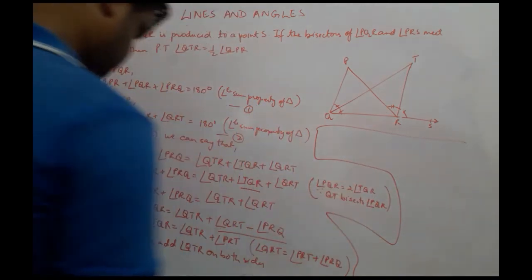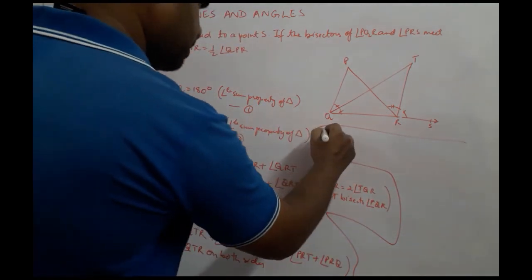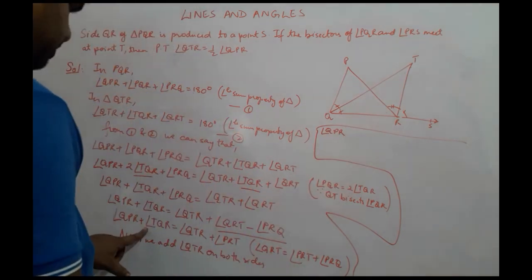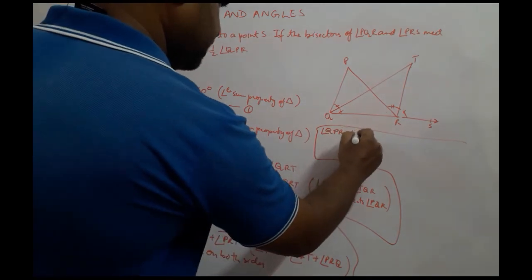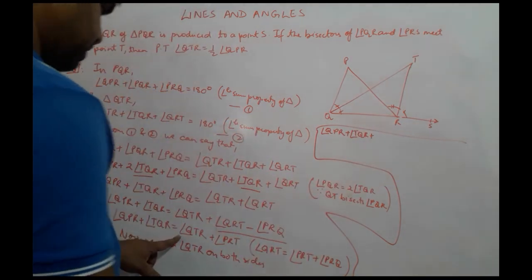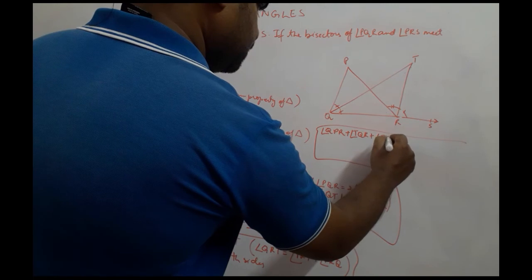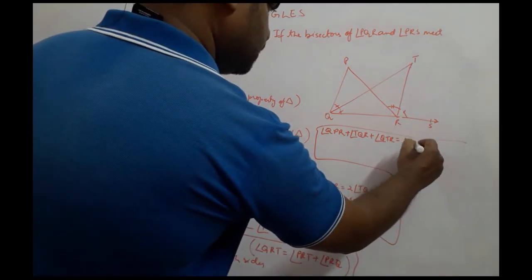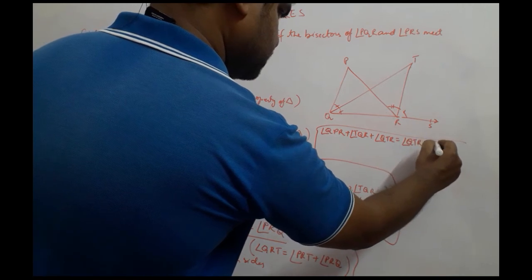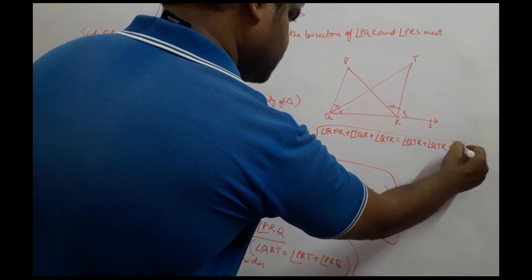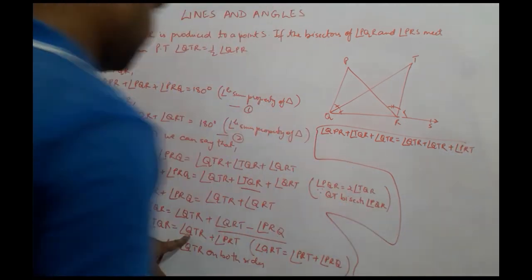Okay, so angle QPR plus angle TQR plus angle QTR equal to angle QTR plus angle QTR, the extra one, plus angle PRT.